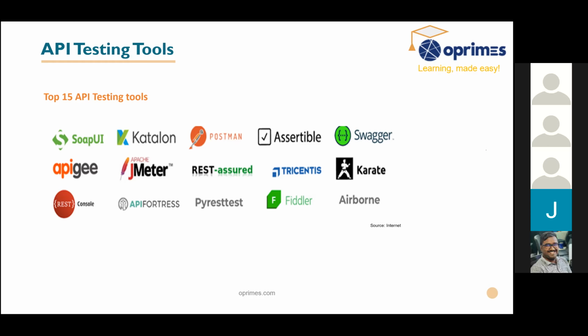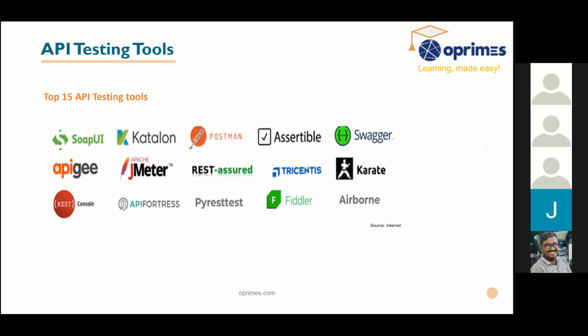And coming to JMeter, JMeter is used to perform load testing. And Rest Assured is the automation framework for API. Coming to Karate, Karate is a new framework which doesn't need any technical knowledge. Say for example, Java. It is developed in Java, but it is using Gherkin language, which is a very common language. It's like English.